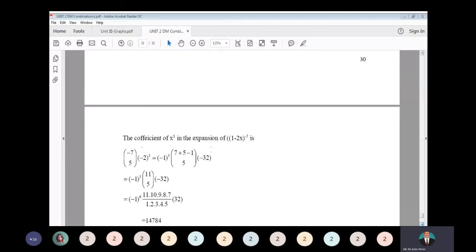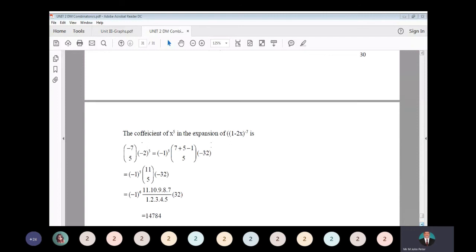So the coefficient of x^5 in the expansion is (minus 7 choose 5)(minus 2)^5, that is (minus 1)^5 C(7 plus 5 minus 1, 5), the combination inside the brackets, into minus 32.